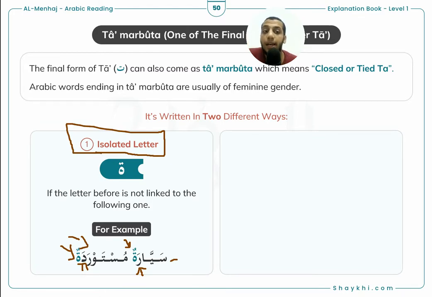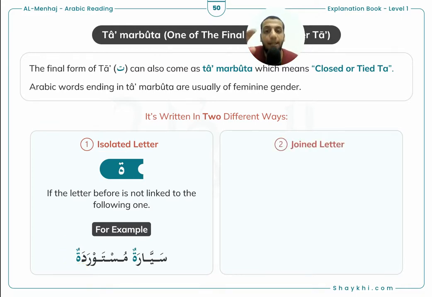So the question now is when we use the other shape, the joined letter, which is not isolated, it's joined or linked to the letter before. I think the answer is easy. If the letter before is linked to the following one, it makes sense to use this one.